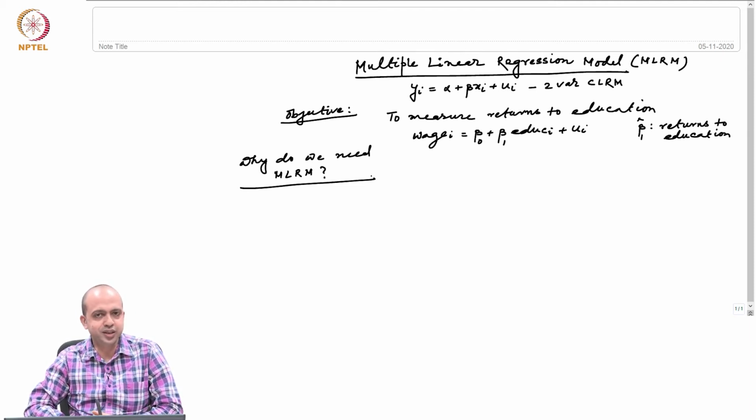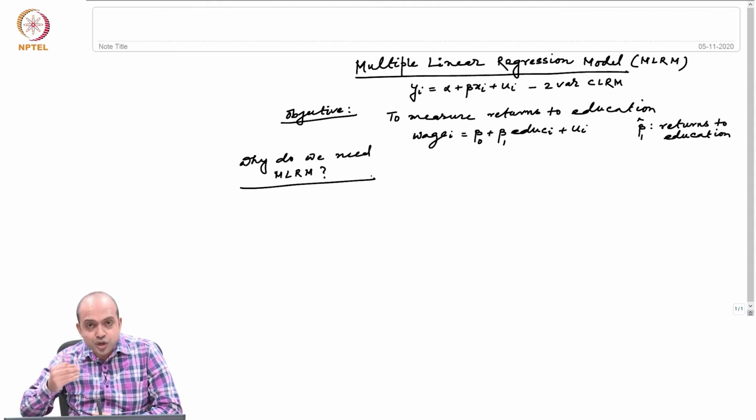But in reality, individuals are heterogeneous not only in terms of their education, but also many other factors, for example, their ability or skill, their age, their experience, and so on and so forth.